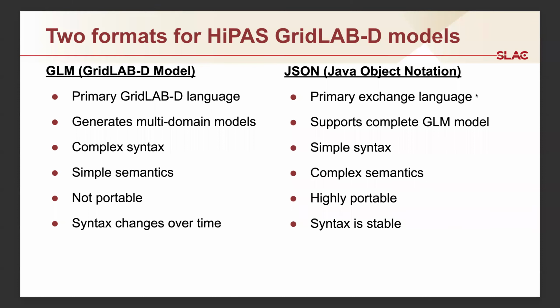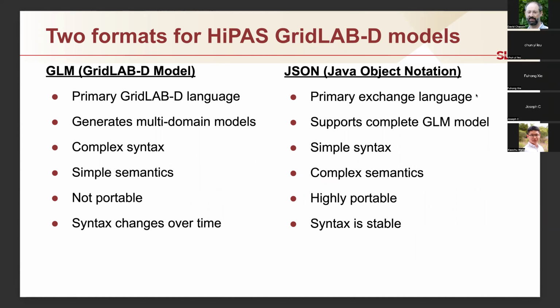Obviously, since this language is really designed specifically for Gridlab-D itself, it's not a very portable language. And of course, the syntax changes over time. Which is in contrast to the way JSON works, which has a very simple syntax, but as a result, the semantics are more complex.